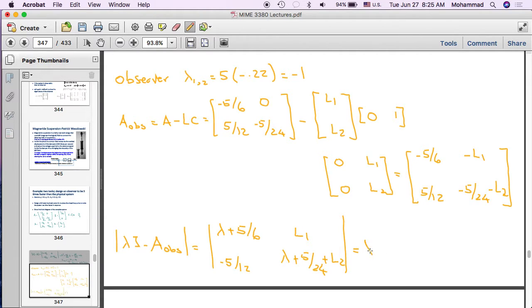So the first term is lambda squared plus 25 over 24 plus 5/6 times L2, all multiplied by lambda.